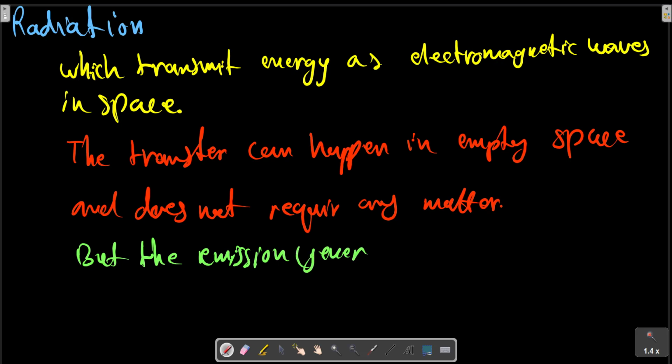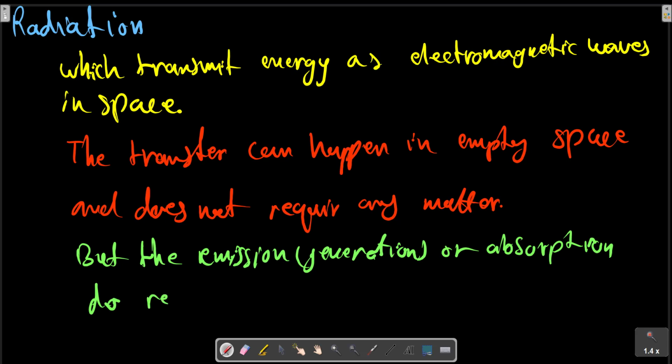Generation or absorption requires a substance to be present.